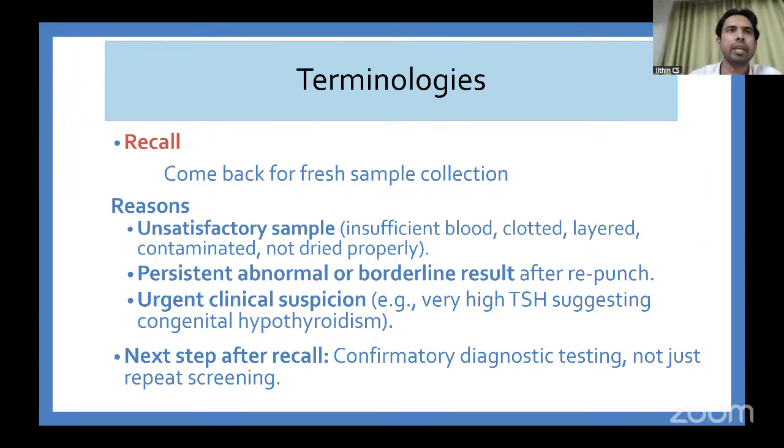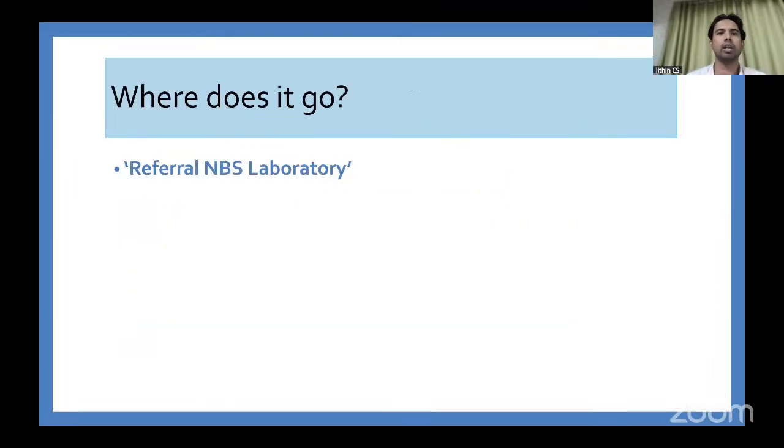Sometimes the doctor has put a minute amount of blood on the circle so that the test cannot be done. In such cases, we need to go for a recall. And where does it go? It goes to the referral NBS laboratory. We know about the regional public health laboratories as well as the state health laboratories in Trivandrum district.